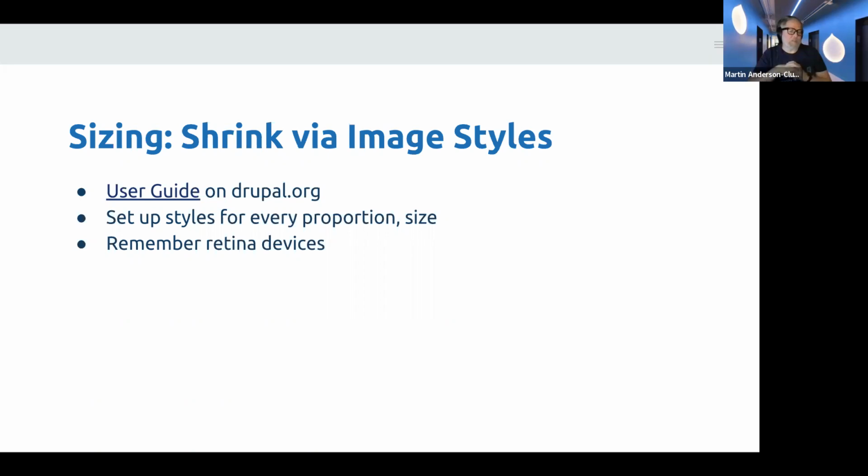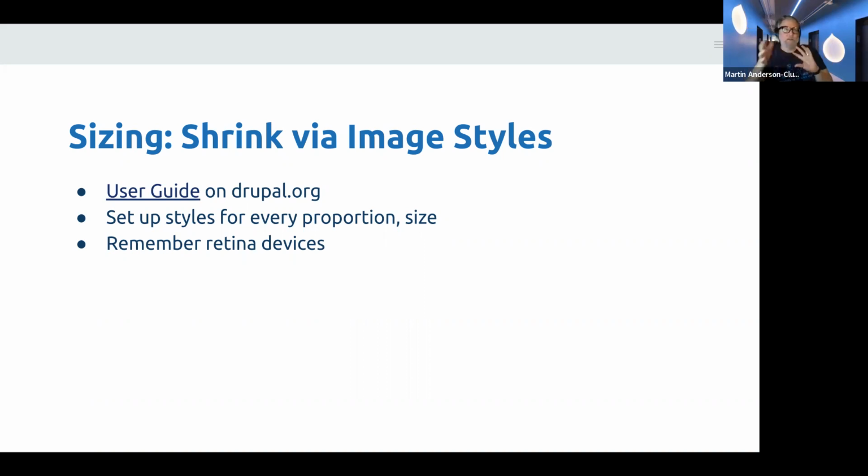And then the other thing to remember is that there are Retina devices. So particularly on mobile, you may have devices that are viewing images at 2 or 3, or I think even in some cases now 4 times their official resolution.